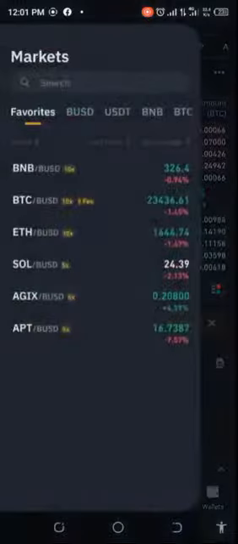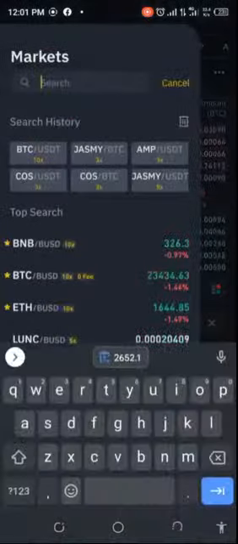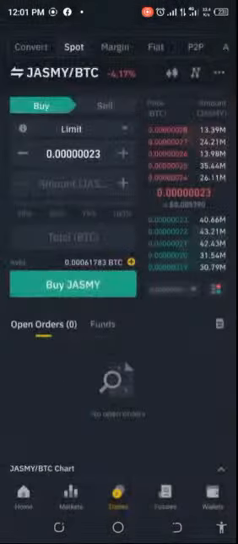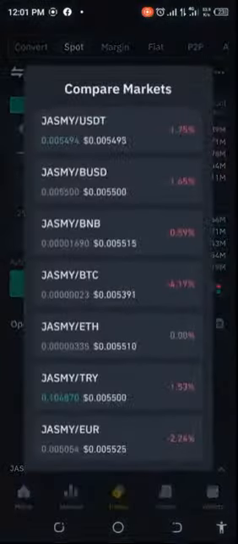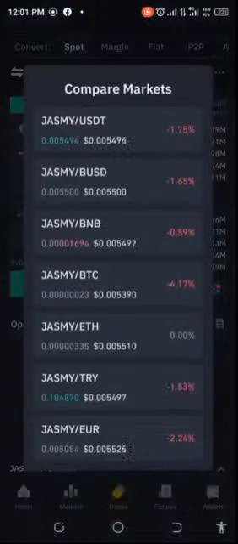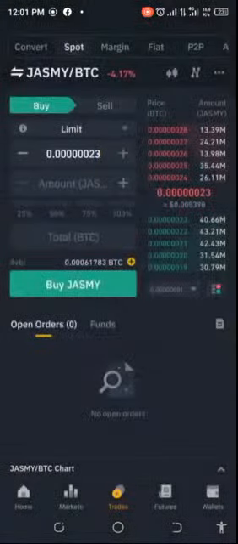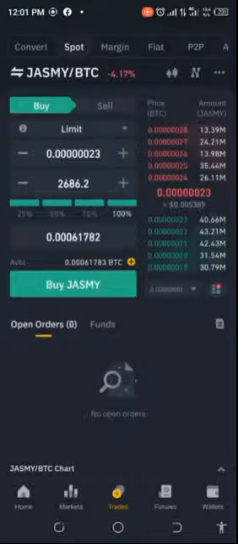So we go ahead and choose Jasmine BTC. I'm going to check one more time just to be sure that everything is still intact. Looks so. And everything I'm doing here, don't forget, is by limit. I'm just going to take a screenshot of that. Let's go ahead and do this one.